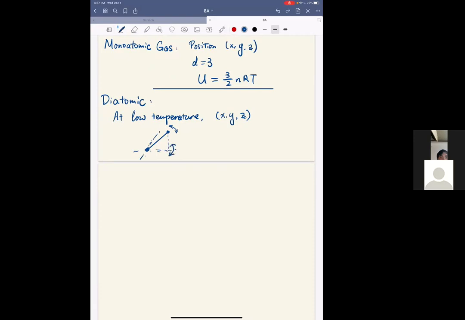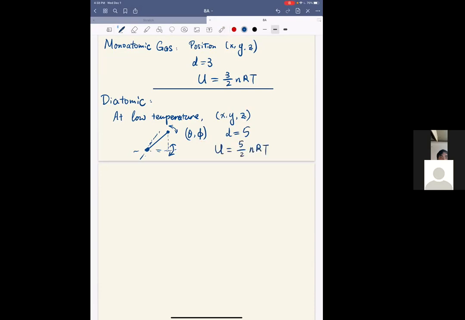If you hold a pencil and study in which directions it could rotate, you will see that there are actually 2 angles by which you can describe its position. Those angles we call theta and phi. So therefore, we need x, y, z, and theta and phi. So that's why we have U equals 5/2 nRT.